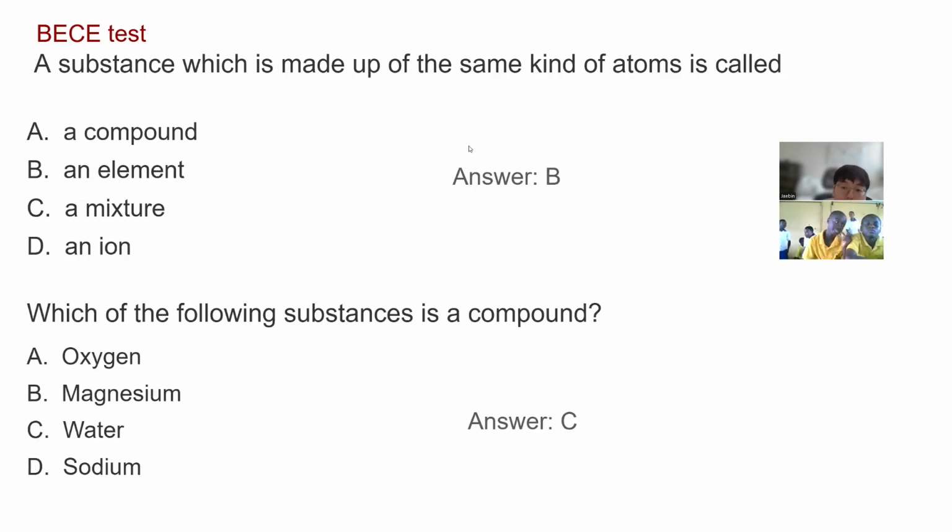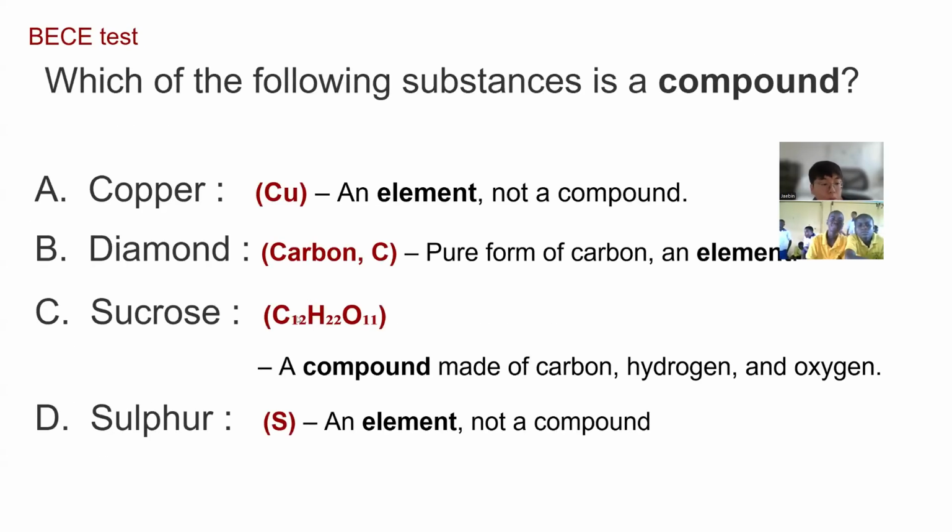So which of the following substances is a compound? Well, here, sucrose is actually, yeah, the compound. Sucrose is the compound because copper, Cu, is an element.